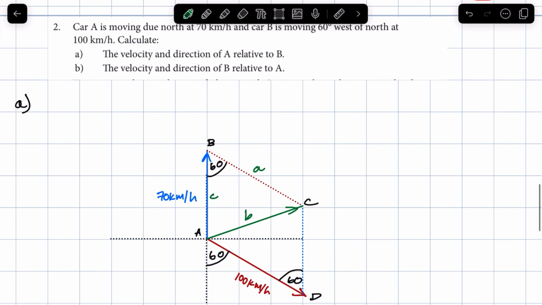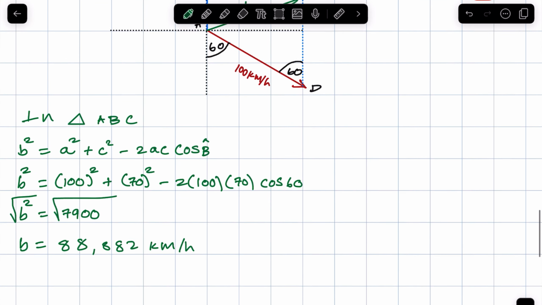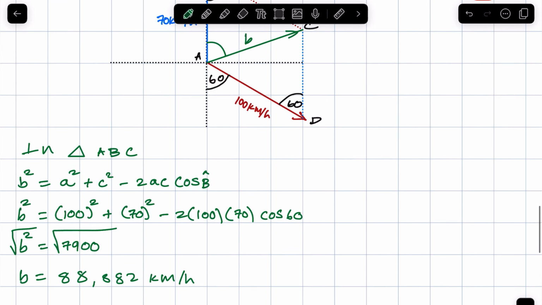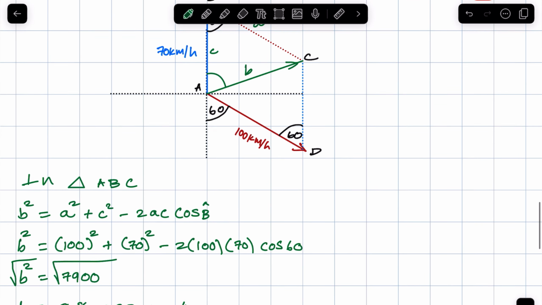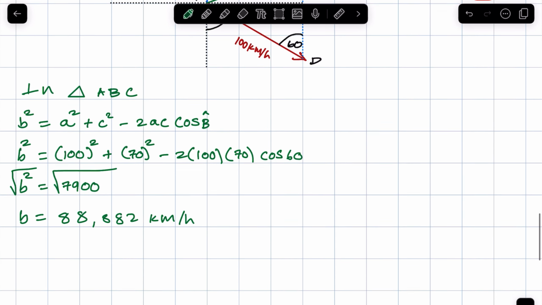So for my direction, I'm going to use north as my reference, meaning the angle I'll be looking for is this angle. Still using triangle ABC, I'm now going to calculate angle A using the sine rule.